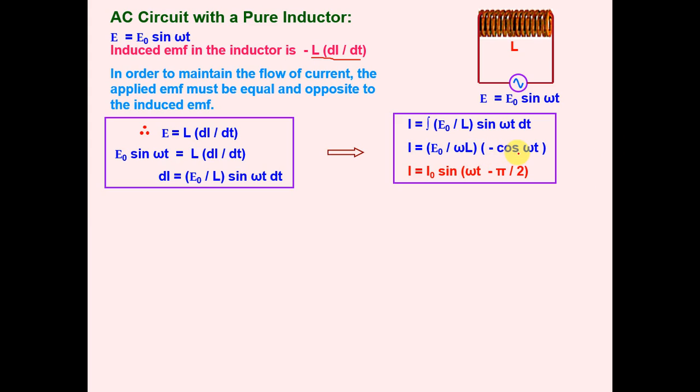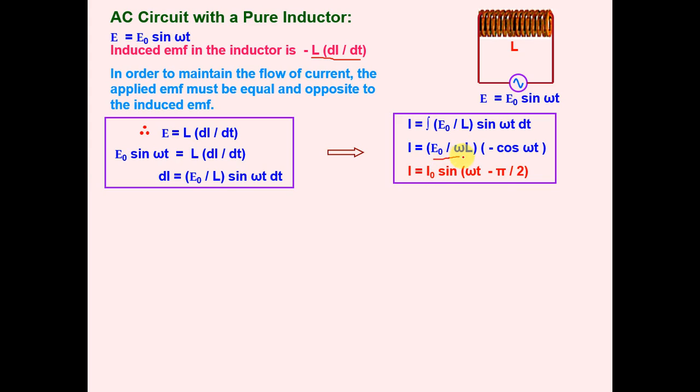And you see minus cos omega t can be written as sine of omega t minus pi by 2. Using the trigonometric formula, you can write minus cos omega t as sine of omega t minus pi by 2. Now you can see one very important thing, I naught, I have written here. What is I naught?